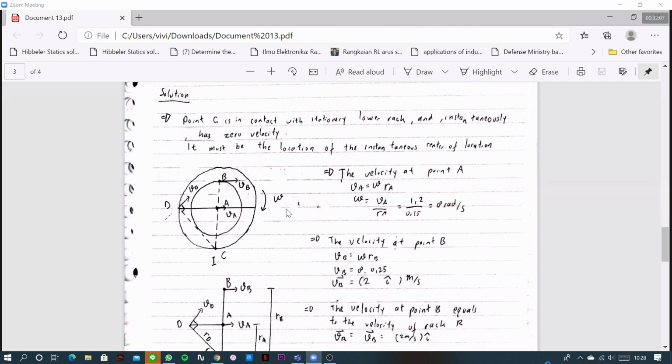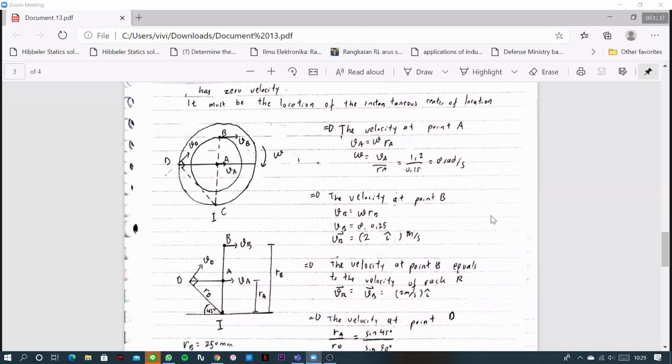All right, so first you're trying to find velocity at point A. Omega is VA divided by RA. Why are you using VA divided by RA? Because actually I want to search for the omega, not the velocity, like the title. Yeah, no problem.